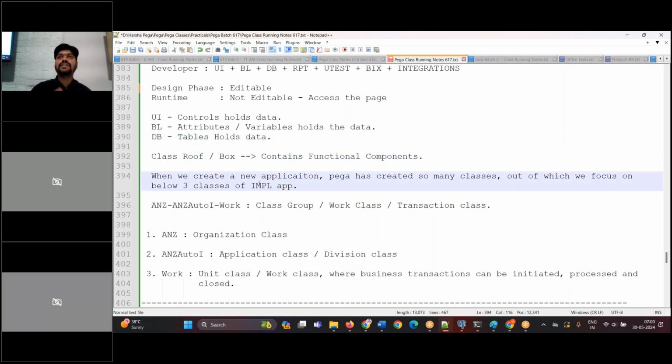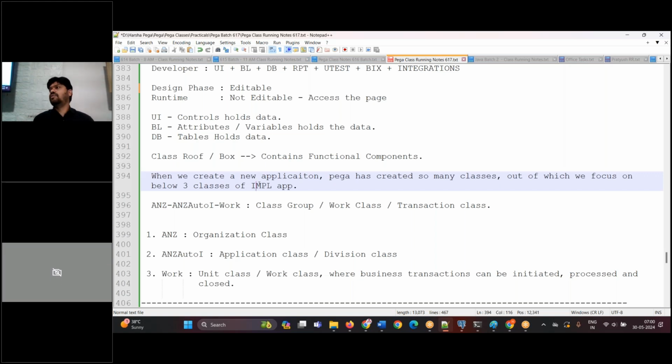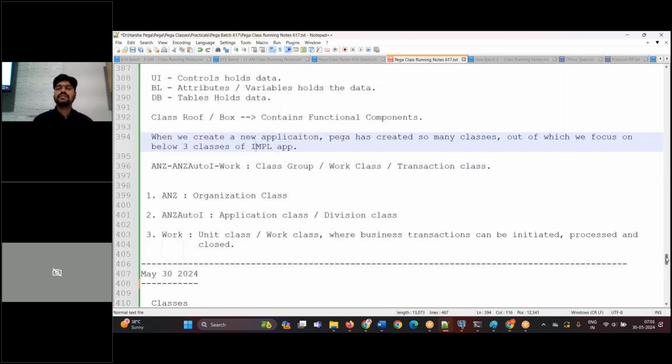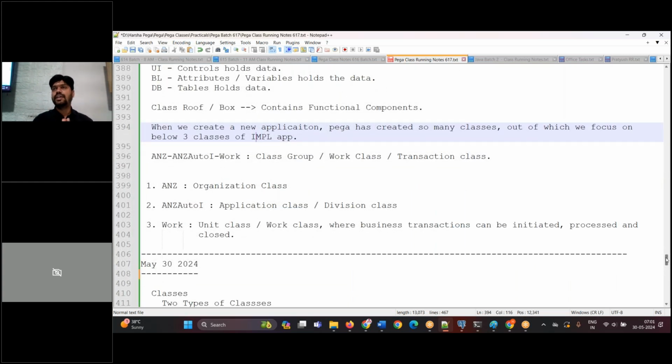So if you open application, you can see class. If you open class, then you can see whatever functional components you create. So that's what class is about. The point is, if you would like to create something, you must be creating inside a class.